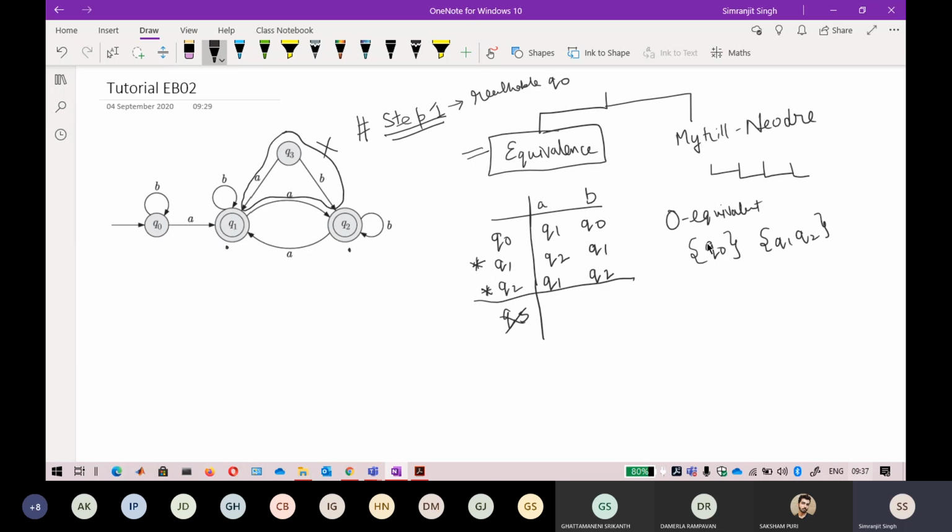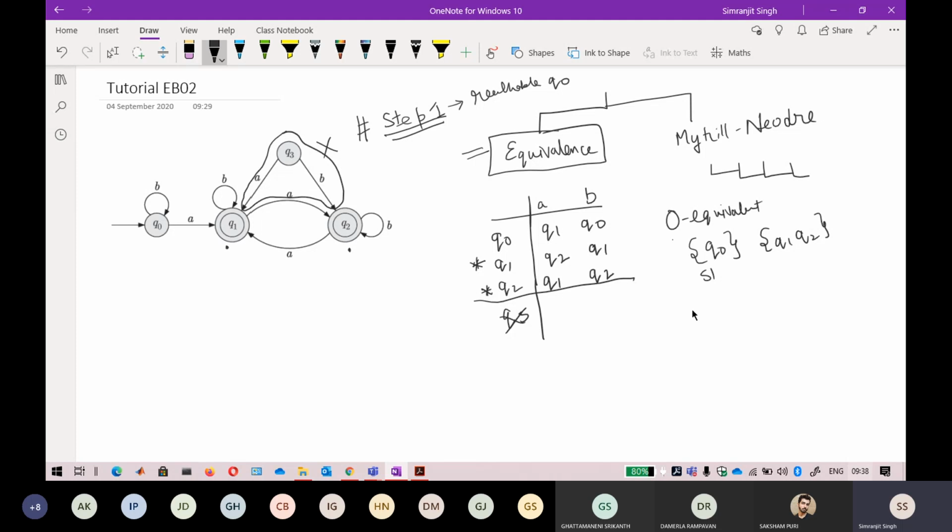Keep that in mind: if the set already contains one element, do not change this set. Write the set as it is. We only have to take care of the sets that contain two elements.